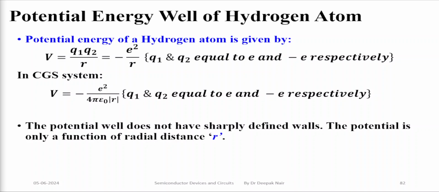It is not a sharply defined wall, rather it is a continuous shape. I will come to that. The potential is only a function of the radial distance r, so we can say potential V is inversely proportional to r. Rest of the parameters are all constant.